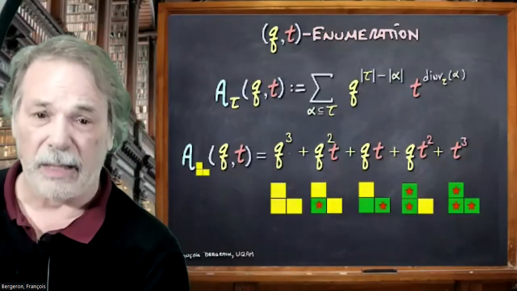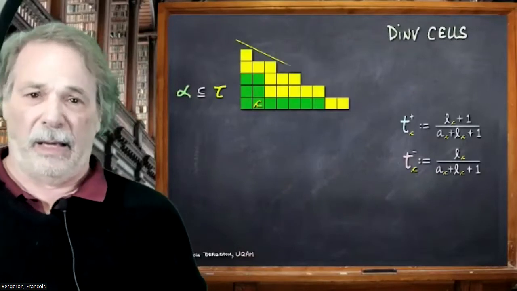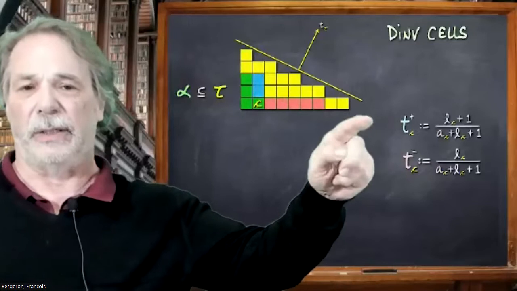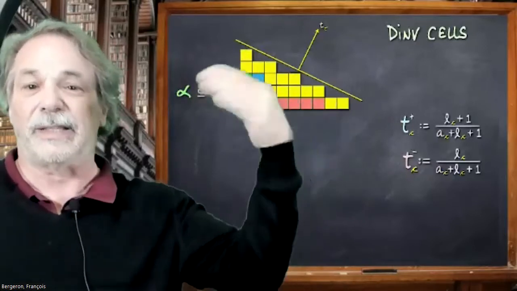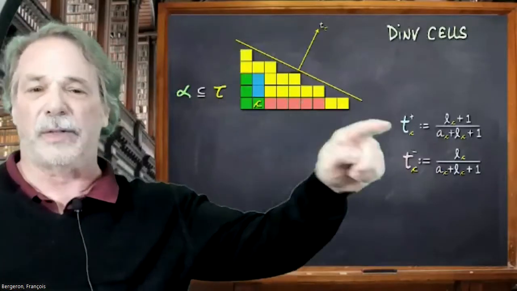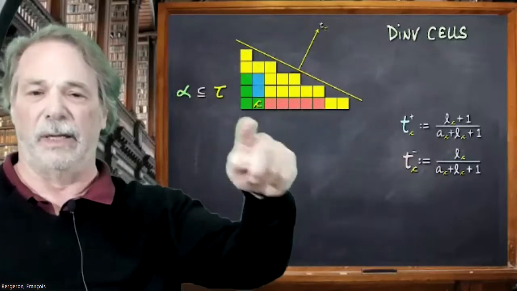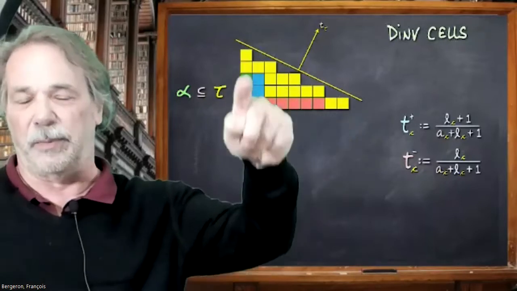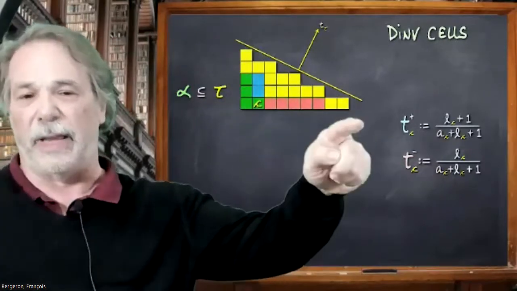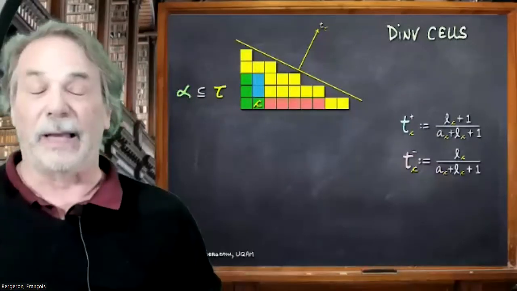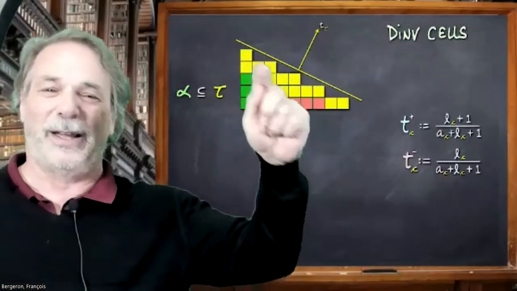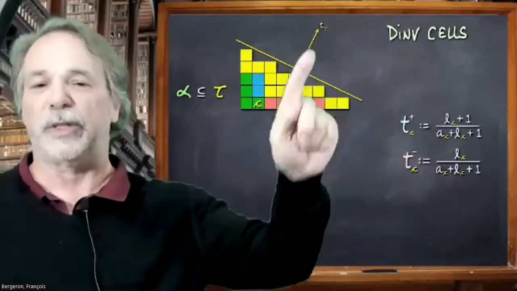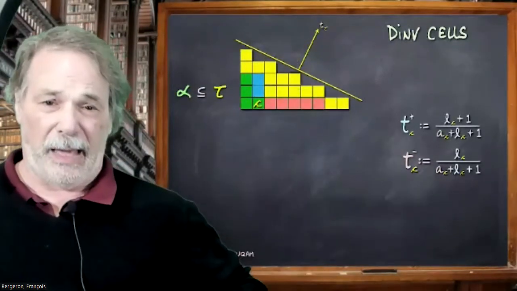Now, how are these defined? So you have a triangular partition. A triangular partition is a triangle. This is the hypotenuse of the triangle, the classical right triangle. And the hypotenuse has some slope, and I'm looking at the vector which is normal to it.